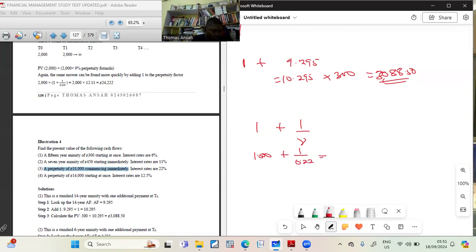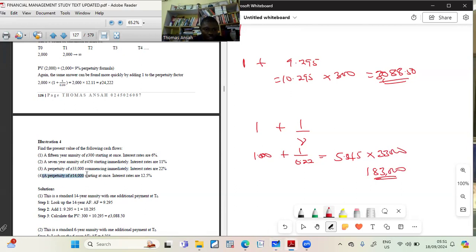So you have 4.545 plus the 1. That gives you 5.545. All right. 5.545. If you multiply it by the 33,000, that is 183,000. All right. So that is the perpetuity.